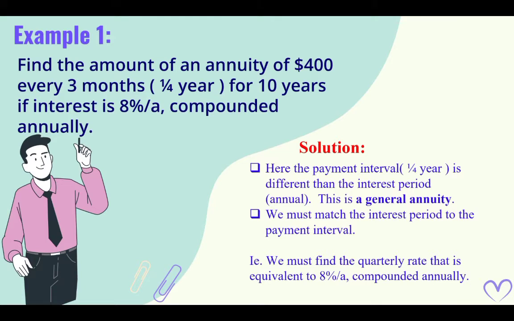We must match the interest period to the payment interval. We must find the quarterly rate that is equivalent to 8% compounded annually.